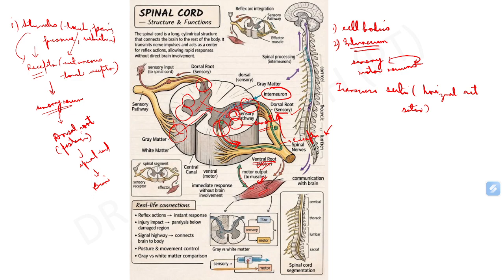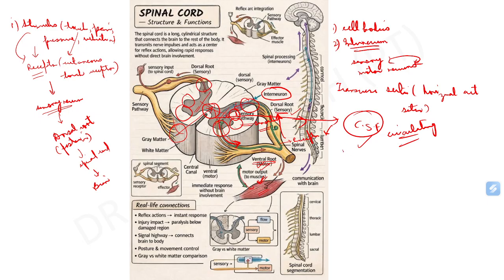Lastly, you have a central canal situated in the center that contains the CSF. You have CSF circulating inside the central canal.